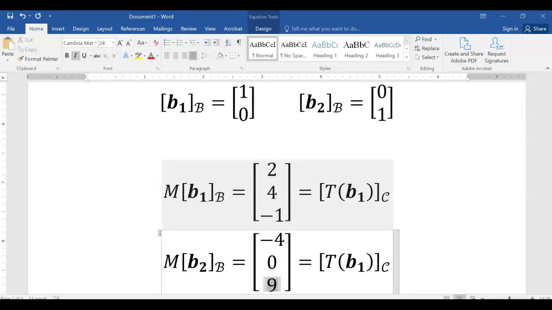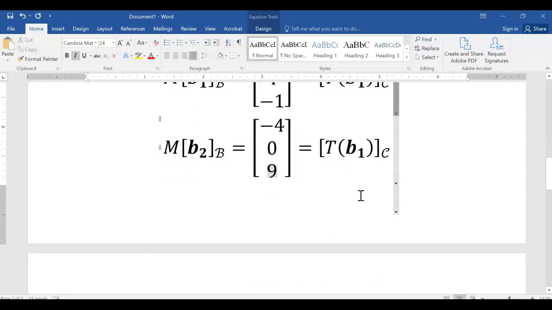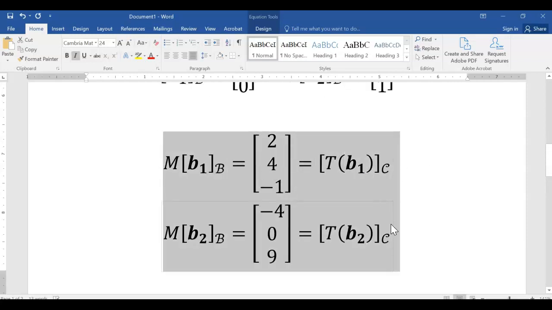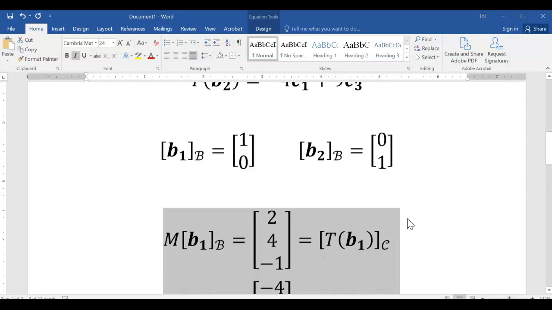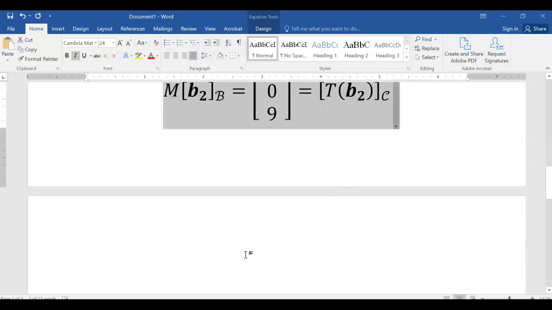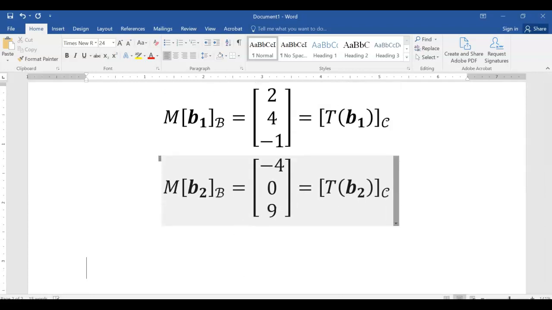Because that's what the image of B2 goes to relative to basis C. Okay? Now that we know what our matrix does to 1, 0, and what our matrix does to 0, 1, we should be able to just spit out what that matrix is.